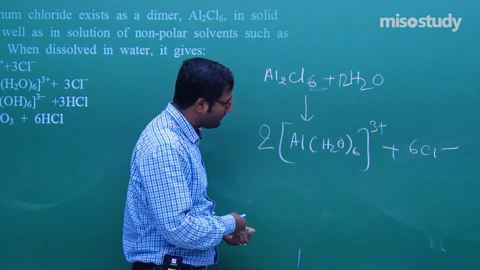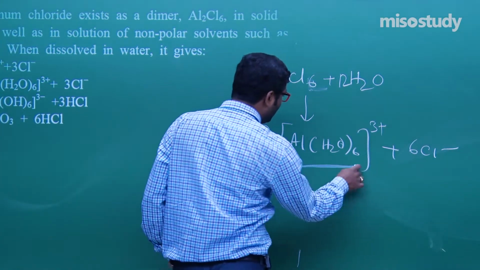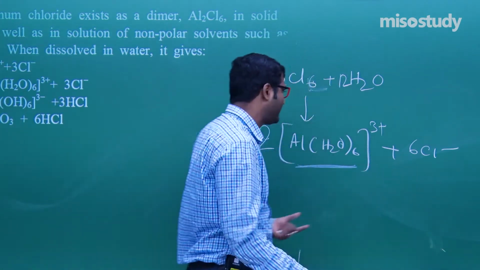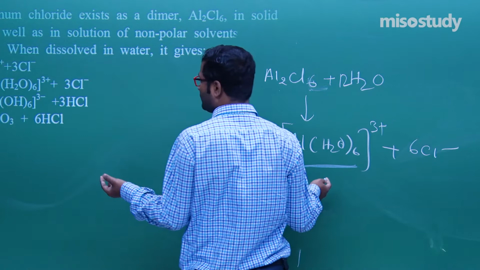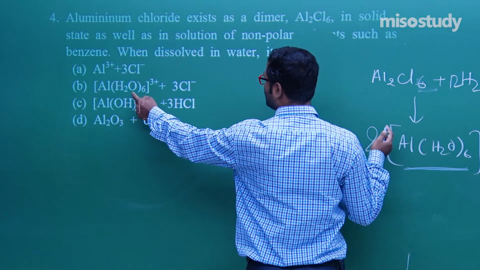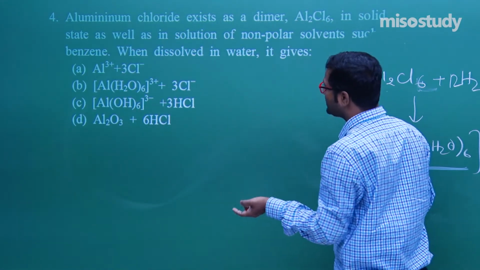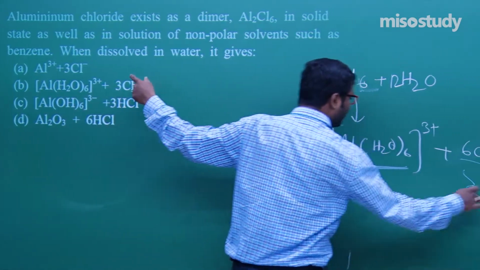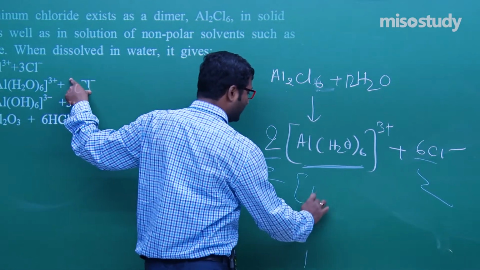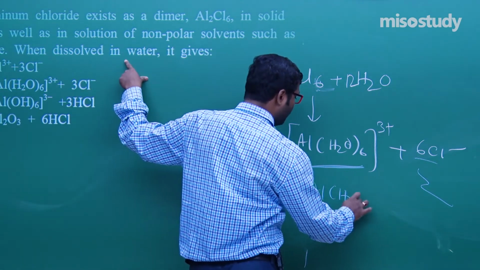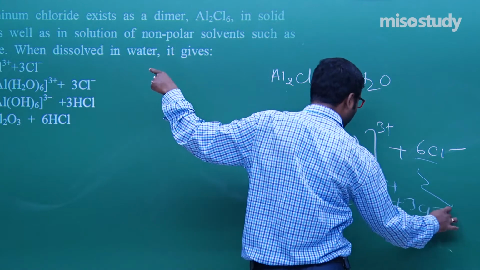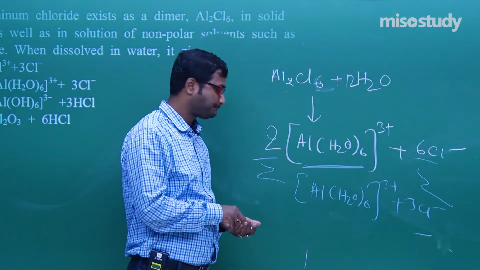So the product is 2[Al(H2O)6]3+ and 6Cl minus, the complete form. Dividing by 2 for 1 mole, the product is [Al(H2O)6]3+ and 3Cl minus.